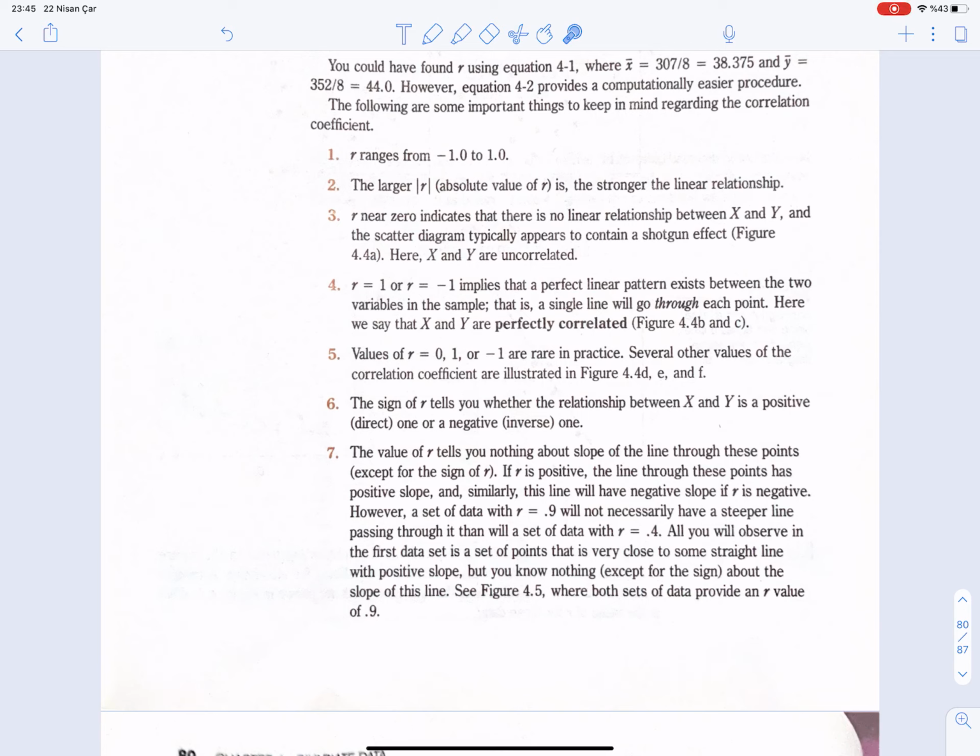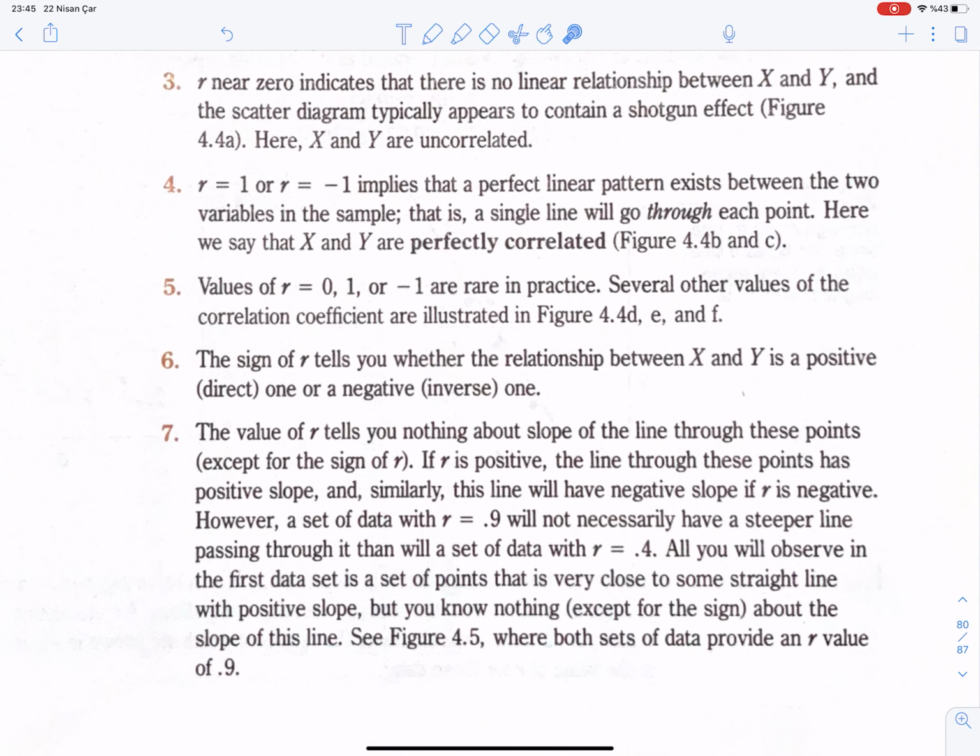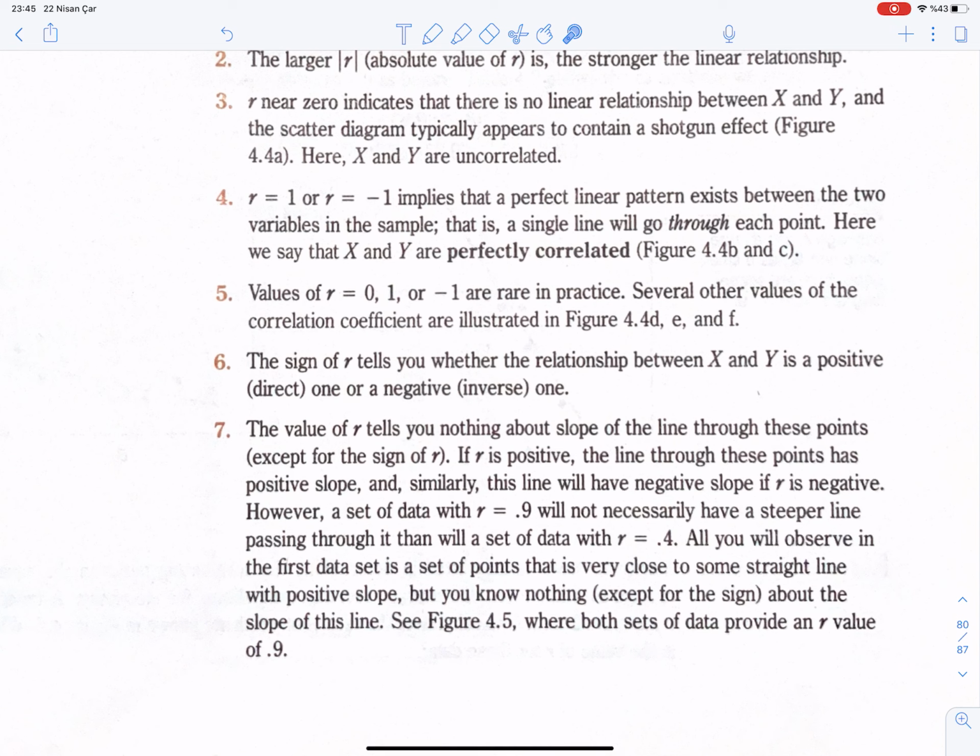Sometimes this is not given in the books, so I'm going to share this information with you. Sometimes we observe the correlation to be very close to 0 in practice. But this doesn't mean that there is no correlation, so you need to test it.